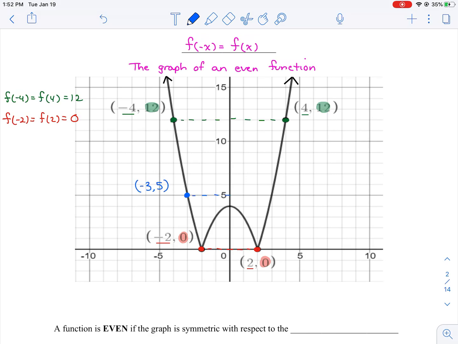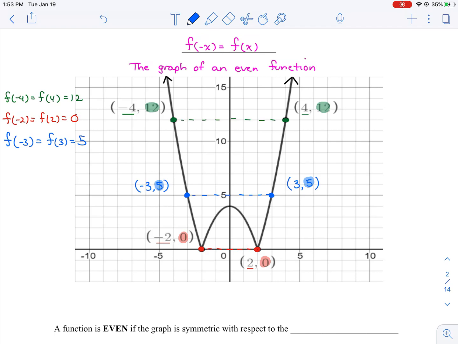If I travel along the same horizontal plane, I eventually come to the point 3, 5. Notice that both coordinates have the same output value of 5. So we can conclude that f of -3 is equal to f of 3, which is equal to 5.